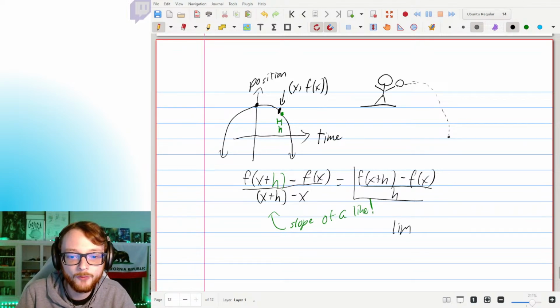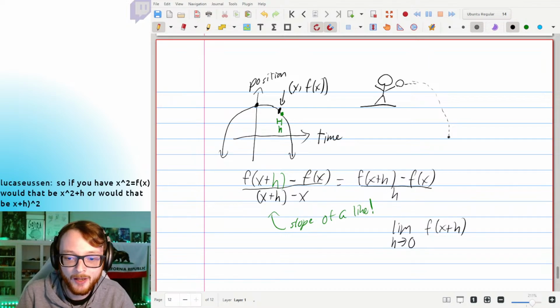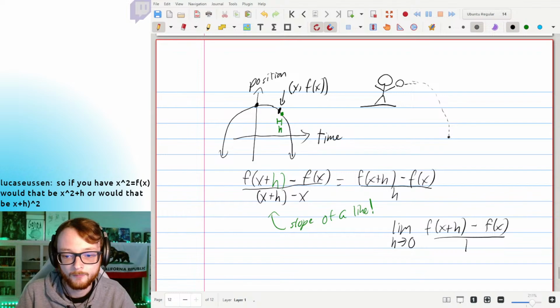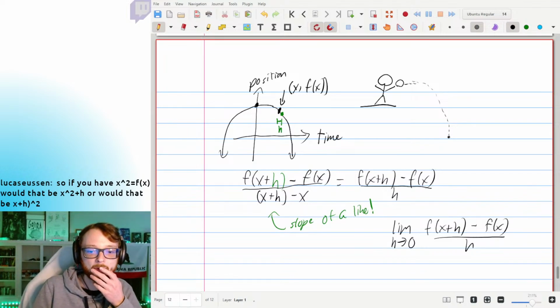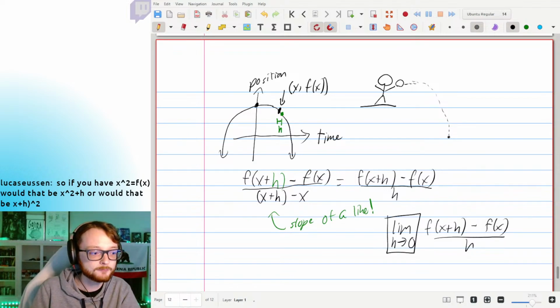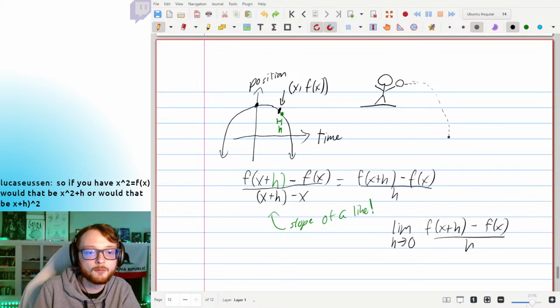So you take this thing, and we're taking the limit as h becomes 0. And that's a little bit of a separate topic of how you actually evaluate this expression. But what this limit does is it basically makes the distance between these 2 points 0. And that's why it's an instantaneous rate of change.